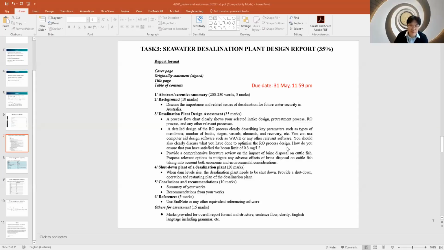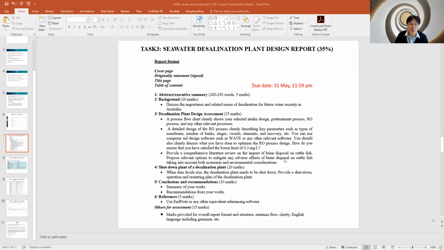If you see this question, how do you ensure you have a satisfied boron limit of 0.3 milligram per liter? So that you make sure that your boron concentration is less than 0.3 milligram per liter. If not, yeah, you have to think about the second pass to remove your boron concentration to less than 0.3 milligram per liter.